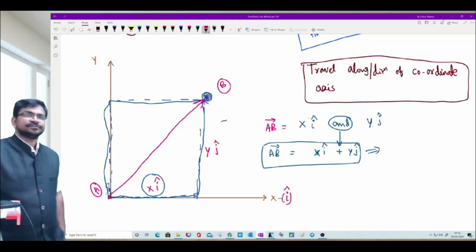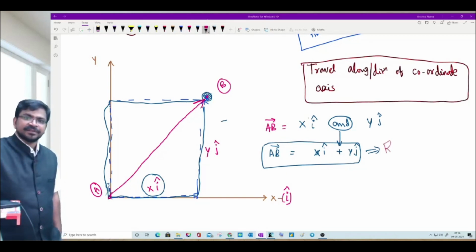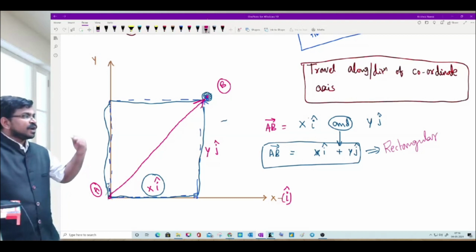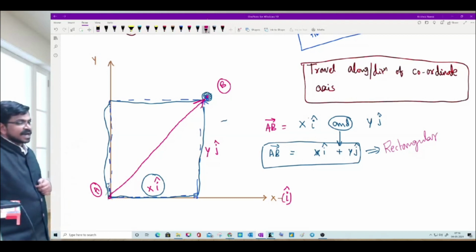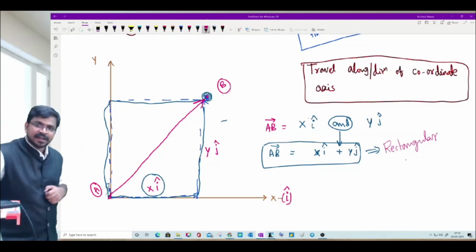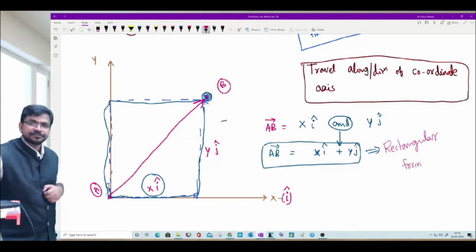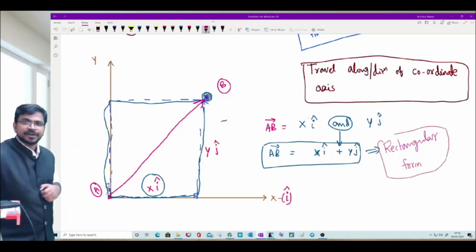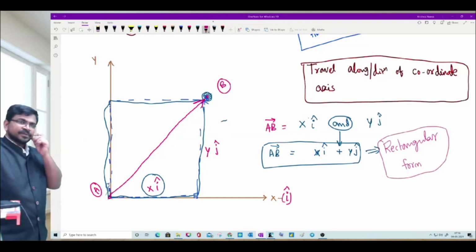What is that one? Rectangular method. Or as we are discussing the different forms of the vectors, we can write this one as rectangular form. I hope you have got it.